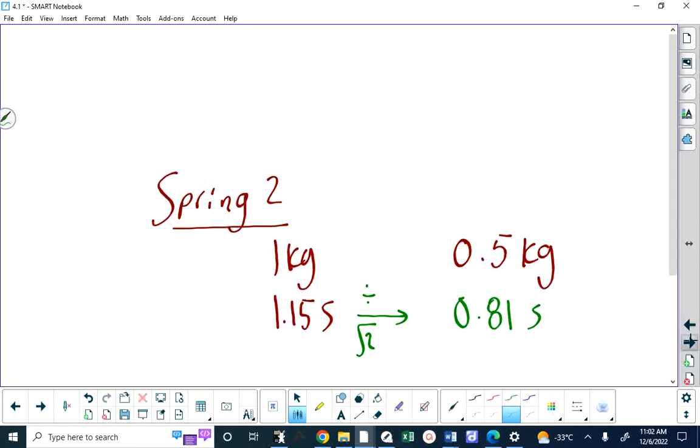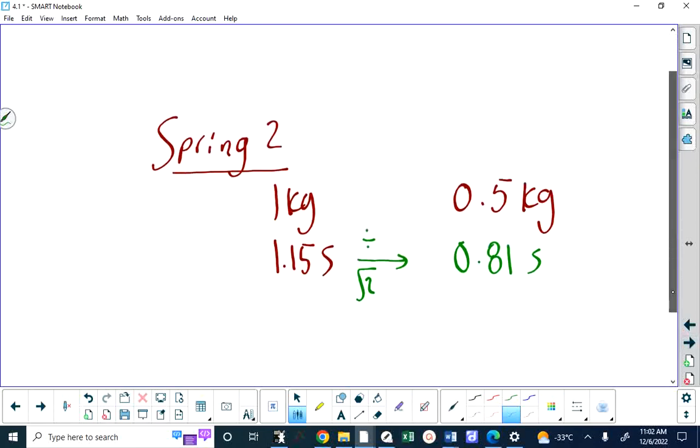Start. 1, 2, 3, 4, 5, 6, 7, 8, 9, 10. 8.2. That's pretty good. So what we actually got was 0.82 seconds, which has got to be less than 1% off, right?